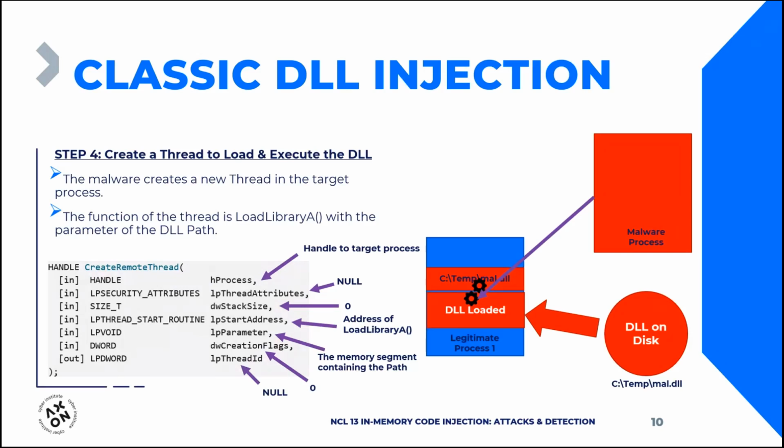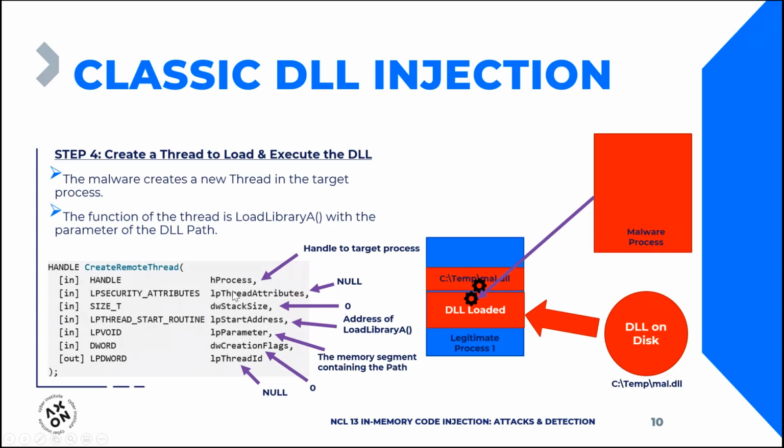So with the LP parameter, I'm gonna give it the memory segment that contains the path. So I will give it the address of LoadLibrary, and then the memory segment containing the path.